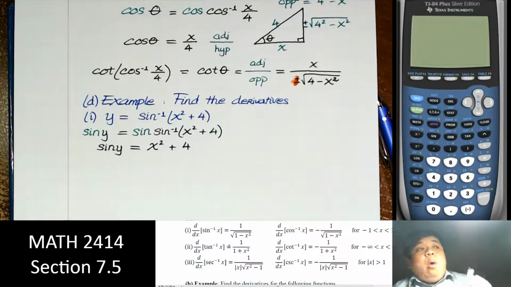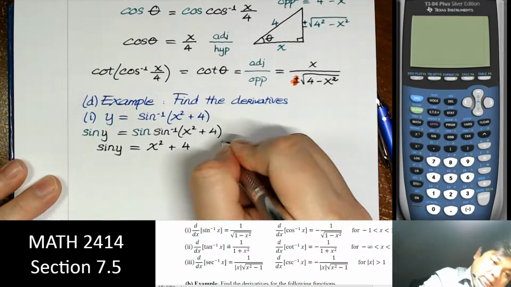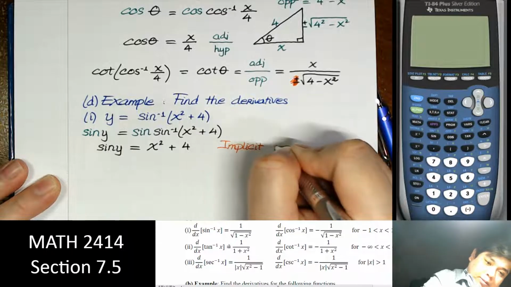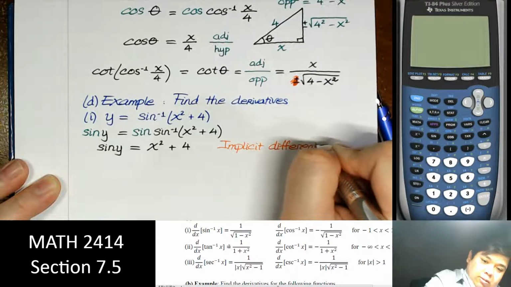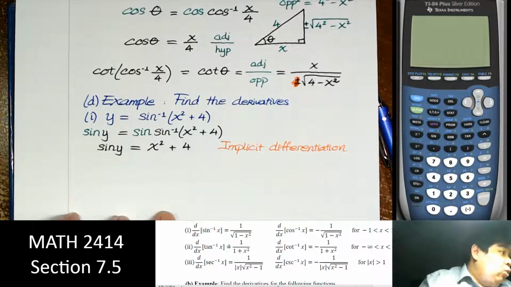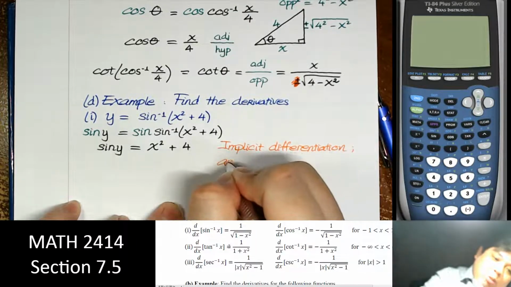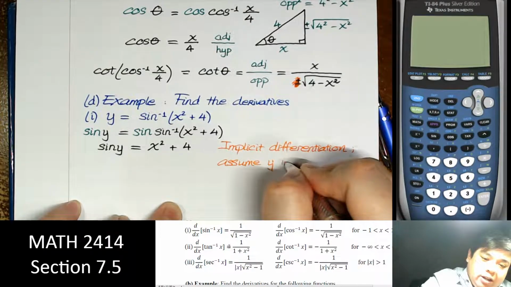Now, what we're going to do next is use implicit differentiation, meaning that we're going to take the derivative, assuming y is a function of x.